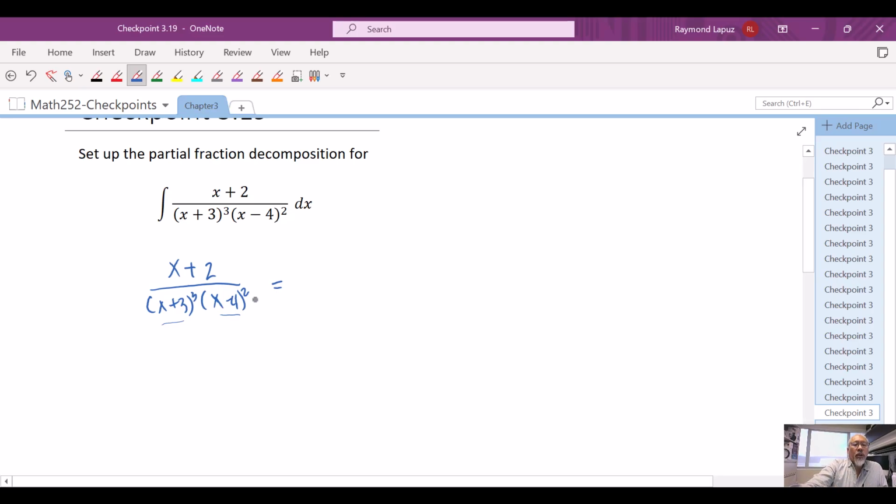And whenever we have a repeating linear factor, this has multiplicity of 3, this has multiplicity of 2. Whenever we have repeating factors, we want to account for the repetition of those factors in our decomposition. So our first factor is going to be x plus 3, and so our first fraction will have an x plus 3 in the denominator.